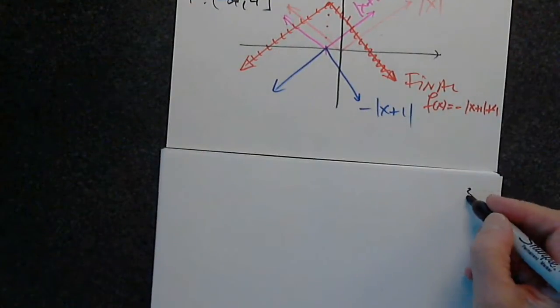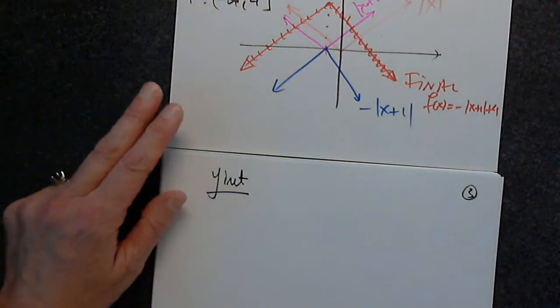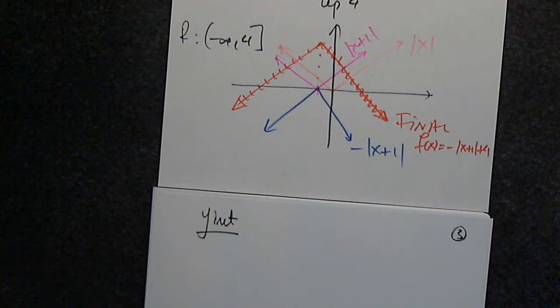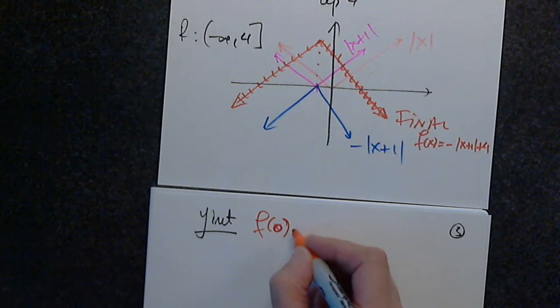How do I find, for any function, the y-intercept? For any function, when we want to find the y-intercept, what do I set equal to what? Very good. For the y-intercept, we find f of 0.